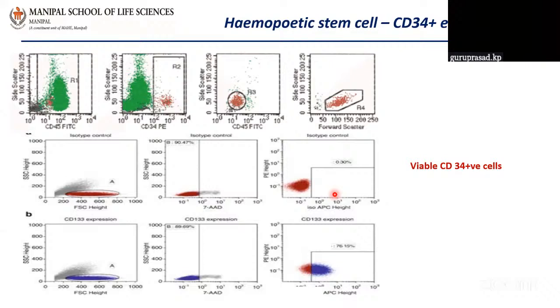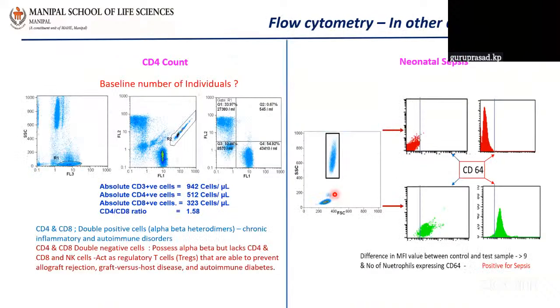So in that case, you can identify and count how many CD34, that is a marker for the hematopoietic stem cell, and you can tell the doctor, and they will calculate what is the volume of bone marrow they need to transplant. That's why it is helpful in bone marrow transplantation also.